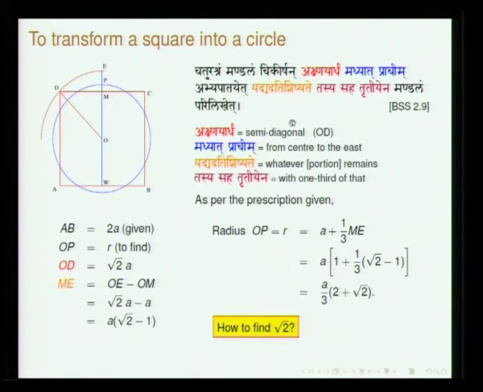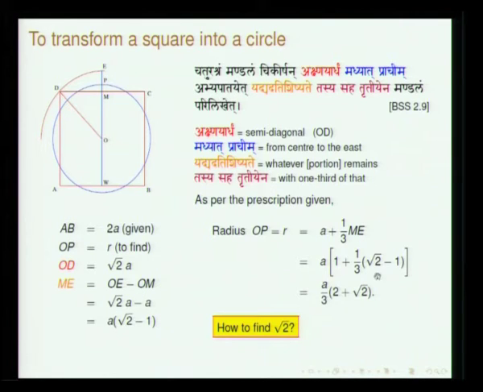So, what does this prescription amount to? Let us look into the details jotted down here. Let AB be 2A, the side of the square is 2A. OP is the radius of the circle whose area is going to be roughly the same as that of the square. OD is equal to root 2 A obviously. Then ME is root 2 A minus A. That is the portion that is atishesha, which is exceeding.